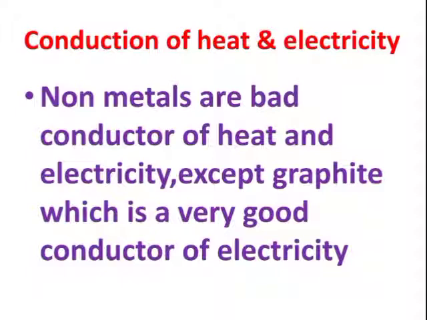Non-metals are bad conductors of heat and electricity. That means heat and electricity cannot pass through the non-metal. But there is one exception, that is graphite, which is a very good conductor of electricity.